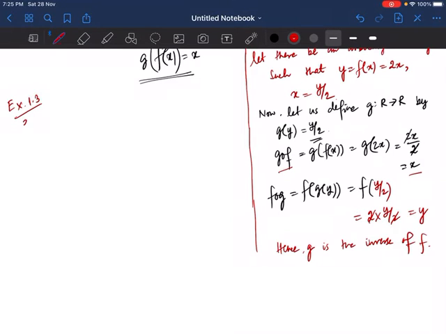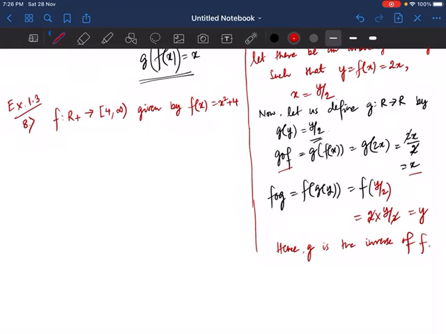The question is question number 8. Here the question says consider f. We have to consider a function f: R+ to [4, infinity) given by f(x) = x² + 4.